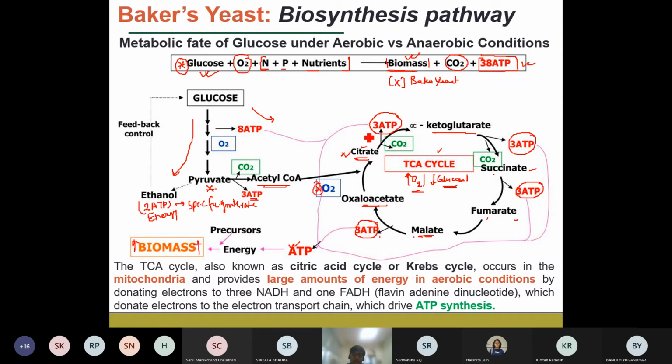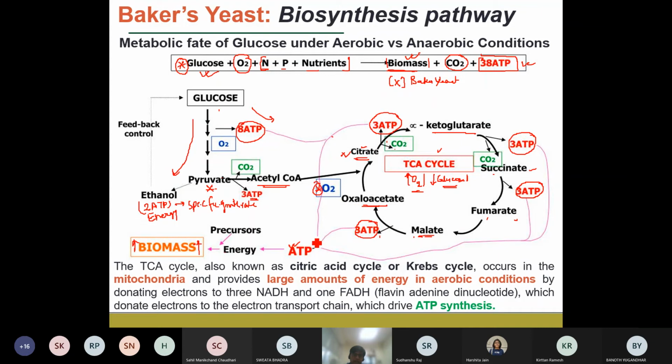So if we combine the total ATP released from this TCA cycle with the total ATP that comes from the glycolytic pathway, from glucose to pyruvate, where there is a release of 8 ATPs, the combination of the ATPs synthesized in each and every step sums up to 38 ATPs.